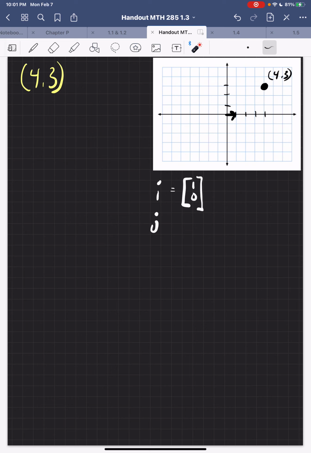In other words, whenever you have I or J notation, the I is a unit vector, length of 1, and the direction is along the x-axis, right, horizontal. Whereas the J component tells you about the direction vertically, but it too, the J is a vector, and it's a vector in the direction of (0, 1).